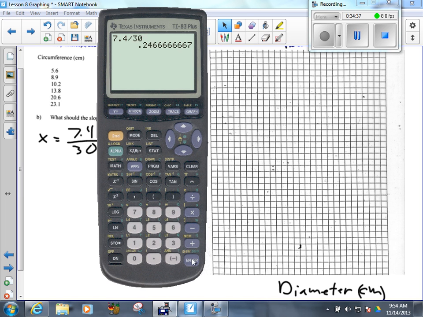It says each line should be worth 0.246. Logically, I should round to 0.25. Would that make sense? Make each line worth 1/4 of a centimeter, 0.25. That'll fit nicely. It's easy to count by: 0.25, 0.5, 0.75. Everybody got me?